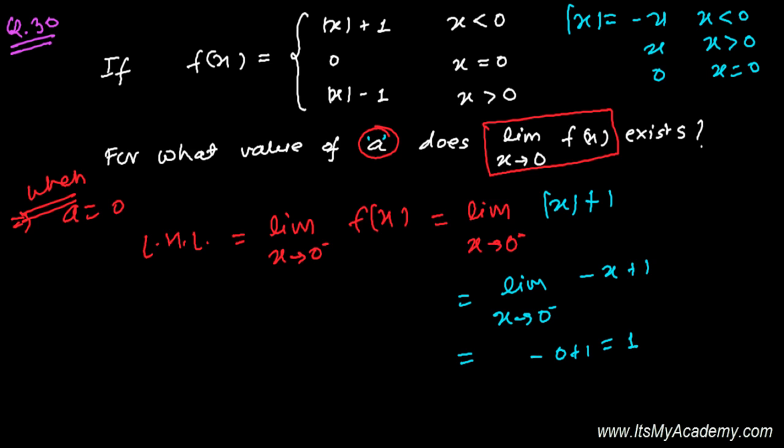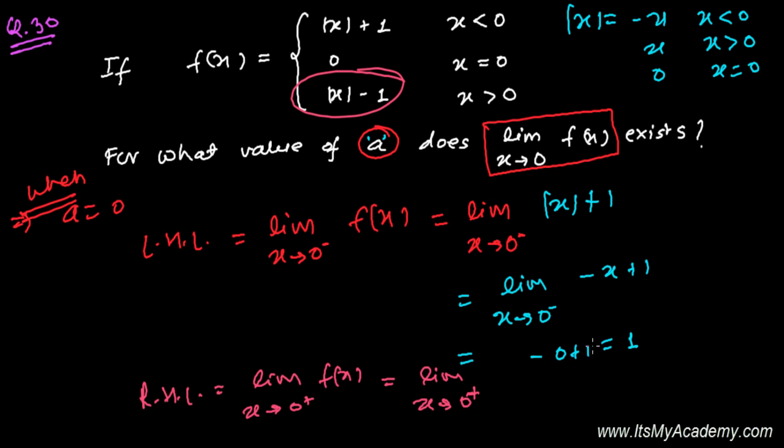Similarly, let's find out now the right hand limit. All right, so our right hand limit will be limit x tends to 0 plus of f of x. And now you tell me what will be the correct choice of the function f of x when our x is approaching 0 plus. 0 plus means slightly more than 0, so definitely it will be this function.